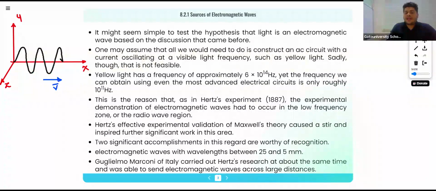If the electric field is in the y-axis, then perpendicular to the electric field there will be a magnetic field.